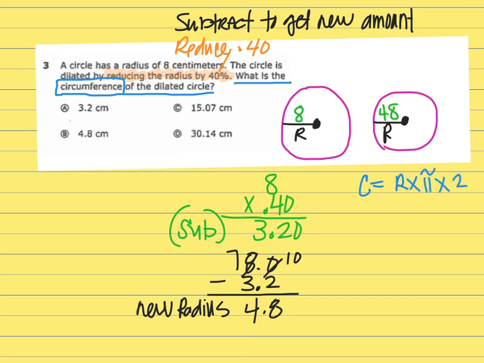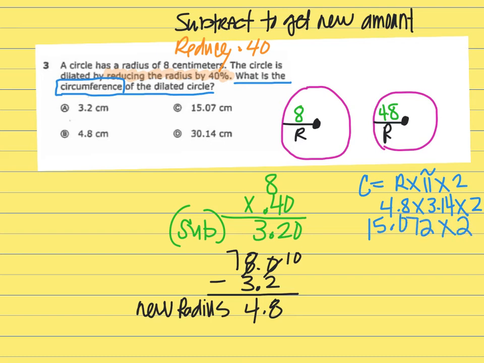Okay, our radius right now is 4.8. So 4.8. I'm going to use 3.14 for pi, and then multiply it by 2. When you multiply 4.8 times 3.14, it makes 15.072.